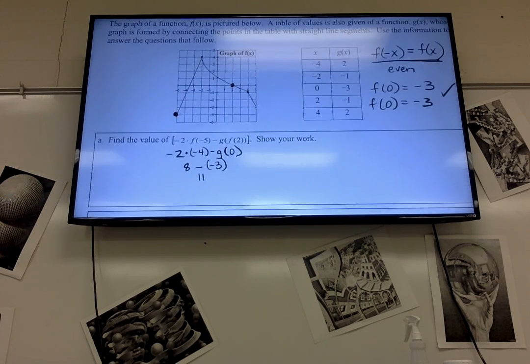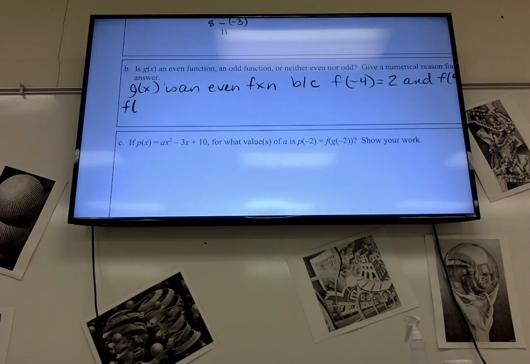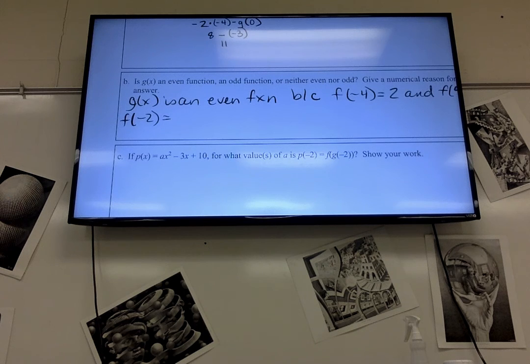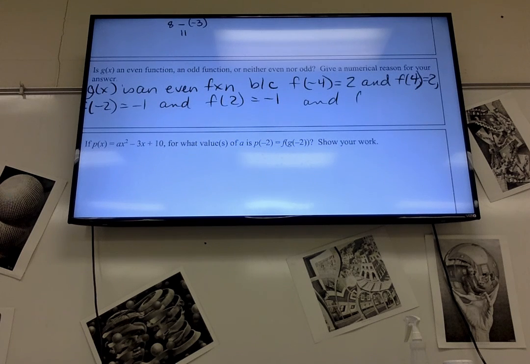G of negative 2 equals negative 1, and g of 2 equals negative 1, and g of 0 equals negative 3.